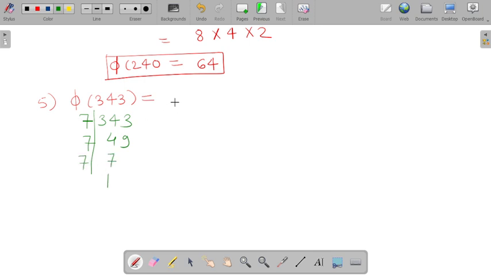So you got here 3 times 7. So phi of 343 is nothing but 7 into 7 into 7. So the value for the question is phi of 7 raised to 3.